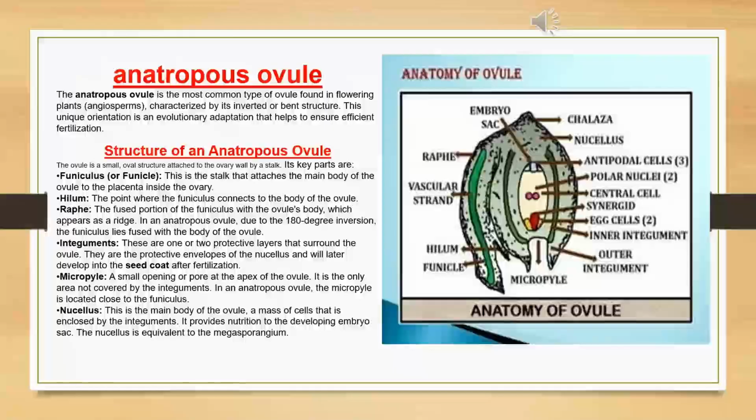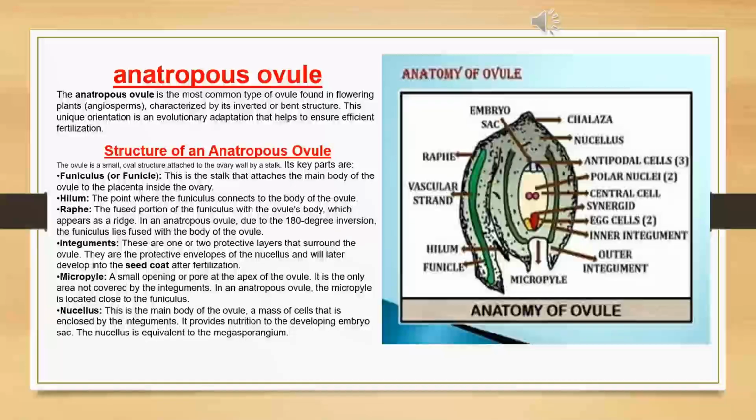The next one is the micropyle, a small opening or pore at the apex of the ovule. It is the only area not covered by the integuments. In an anatropous ovule, the micropyle is located close to the funiculus.